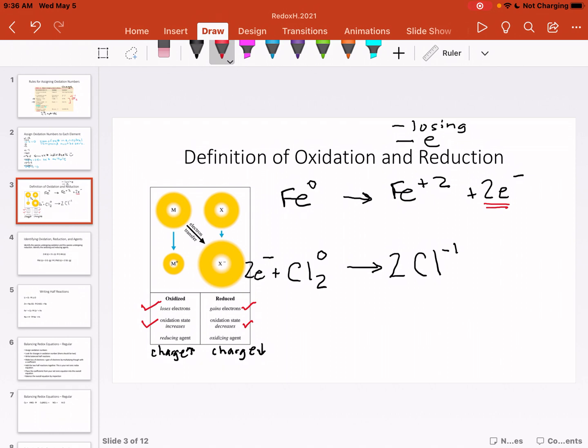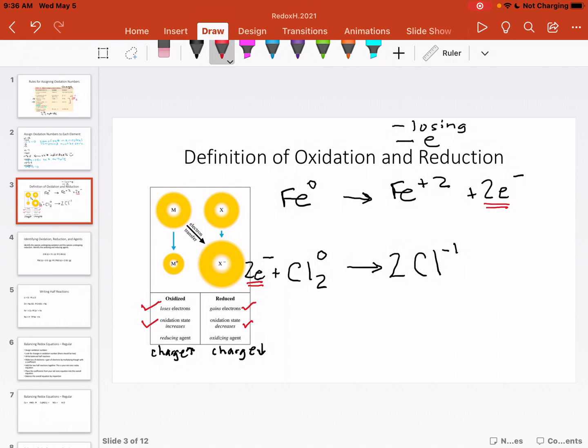You'll also see that gain of electrons due to the fact that when I wrote my half reaction, I had to include those electrons on the left. They're being taken in as a reactant. That means they are being gained. Quick and dirty, talking about loss of electrons is oxidation, gain of electrons is reduction.